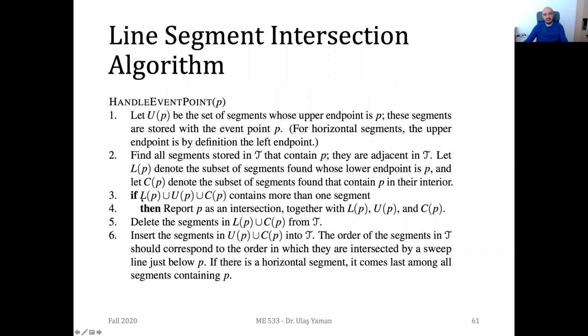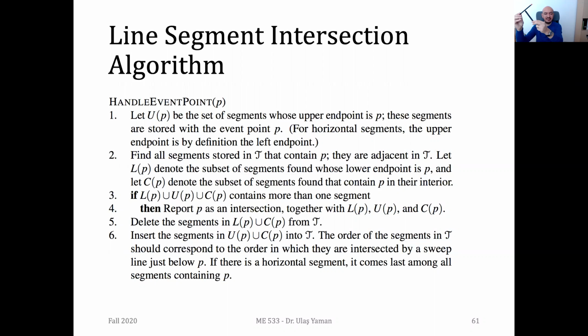And then we take a union of all these subsets. If this union contains more than one segment, we do the operation; if it has a single segment, we don't. Let me use another pencil. Assume that this is our handling point P, and this is another point.